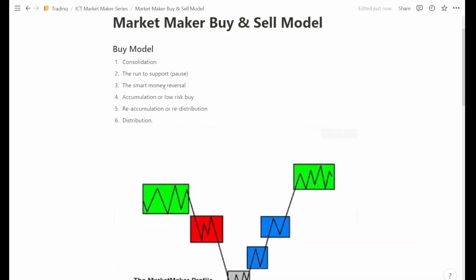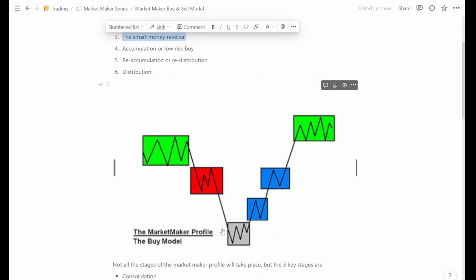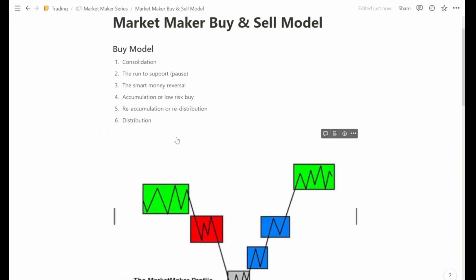Okay, so the first thing is the initial consolidation, the run to support or a pause, and then the smart money reversal. And then once you see the smart money reversal, you begin to anticipate that price is going to take out the initial consolidation. Now, let me also say something about this initial consolidation.